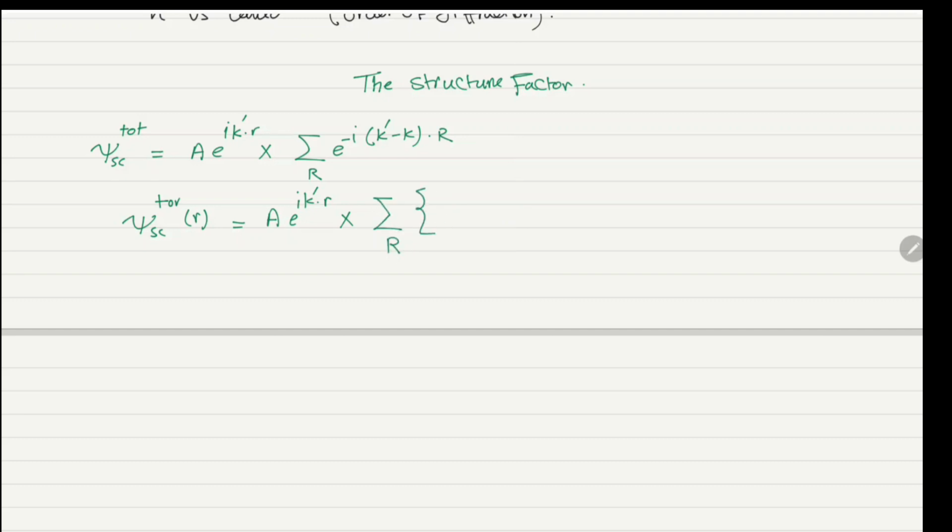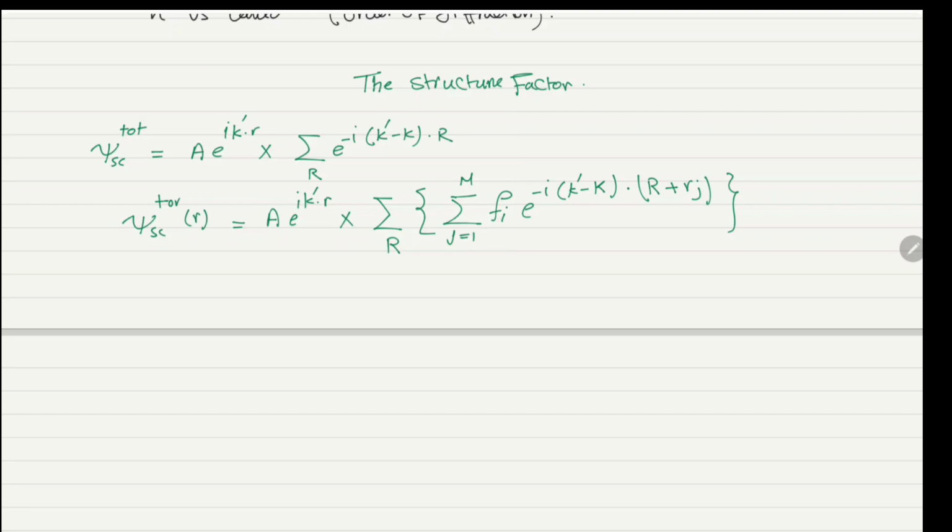Now, the sum of all atoms, starting from j equal to 1 to m, of f j e to the minus i k prime minus k dot r plus r j.